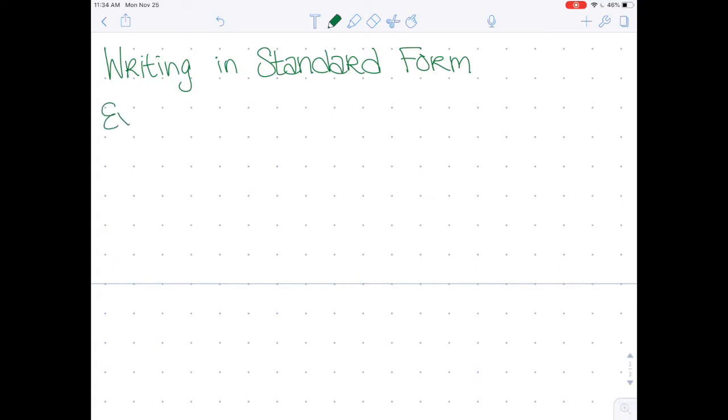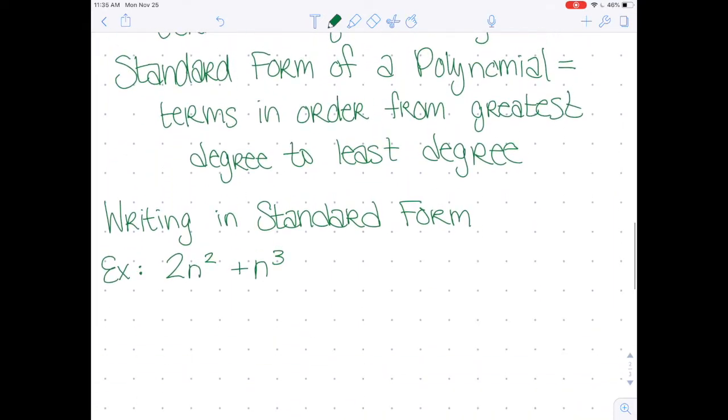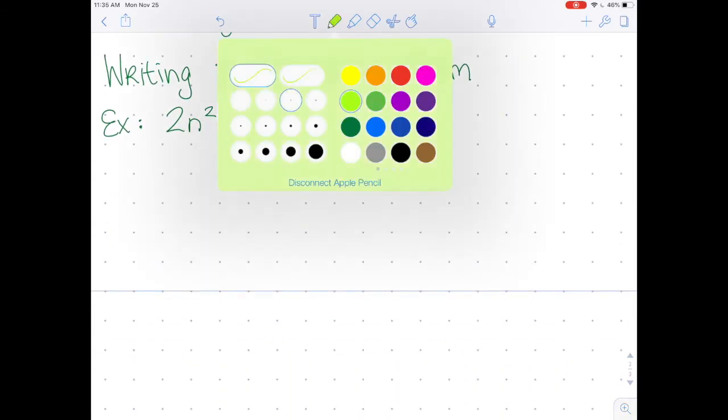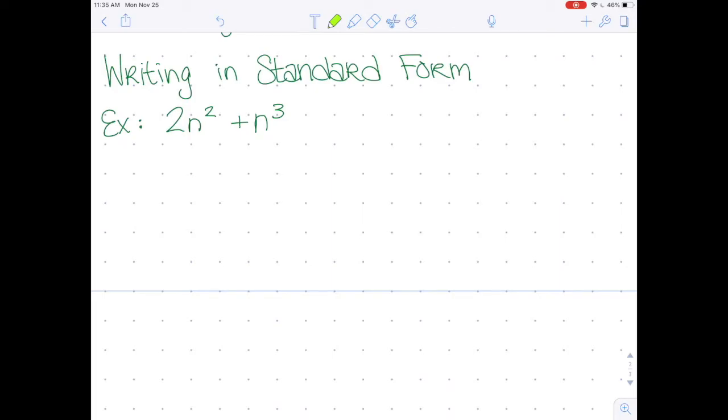So for this example, my polynomial is 2n squared plus n cubed. Now remember, when we write it in standard form, the terms are in order from greatest degree to least degree. Well, let's look at the degree of each of these terms.